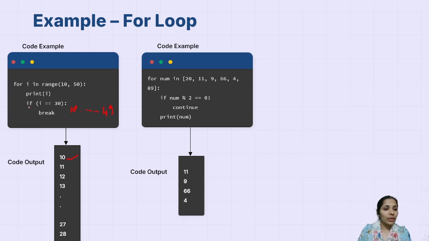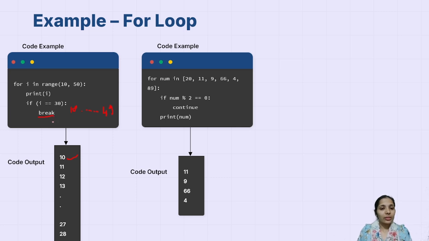So I will use a conditional statement: if i, the variable i which holds all the elements, is equal to 30. Whenever the value of i becomes 30, the loop is going to end and it is only going to print the numbers 10 to 30. So using this break statement, I can break my loop and stop the execution of the program.